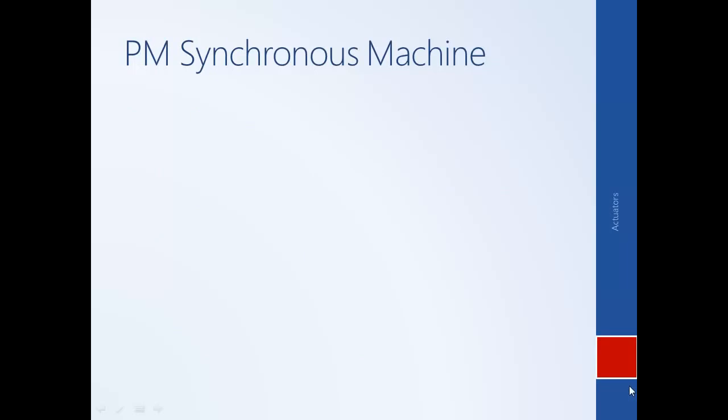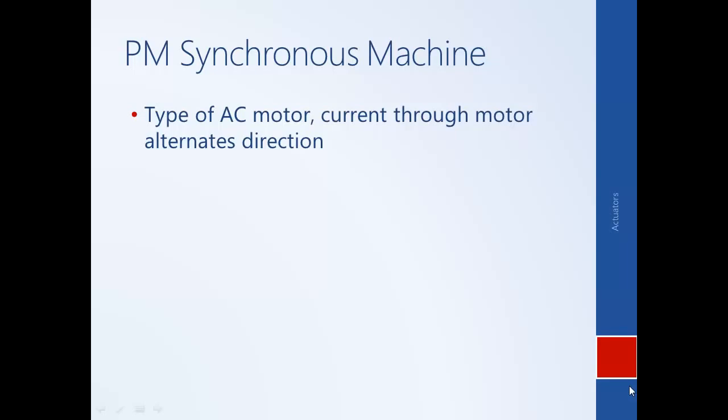One type of AC motor that's important for electric vehicles is the permanent magnet synchronous motor, or the PM synchronous machine. It's a type of AC motor in the sense that the current through the motor alternates direction. The current alternates, that's what AC stands for, alternating current, as opposed to the DC motor where the current remains in the same direction, direct current.